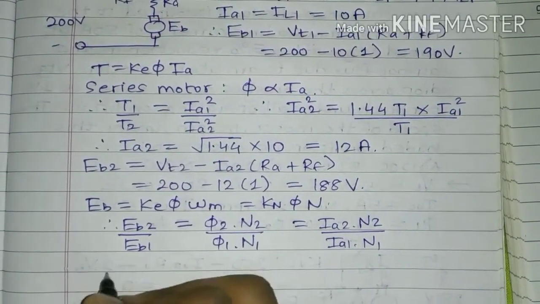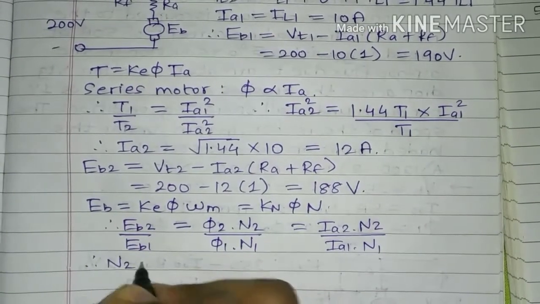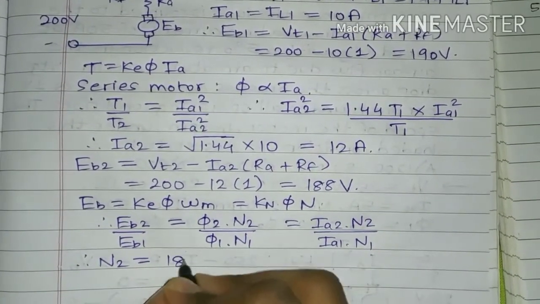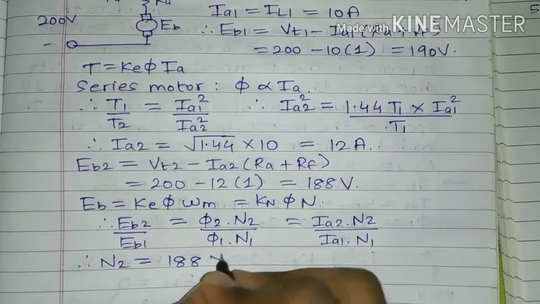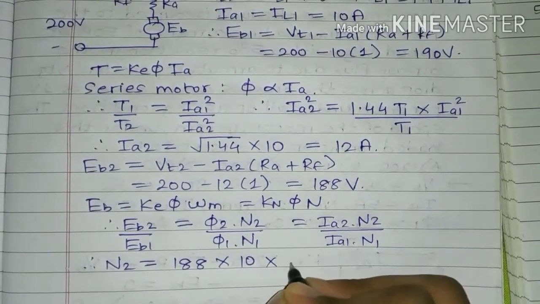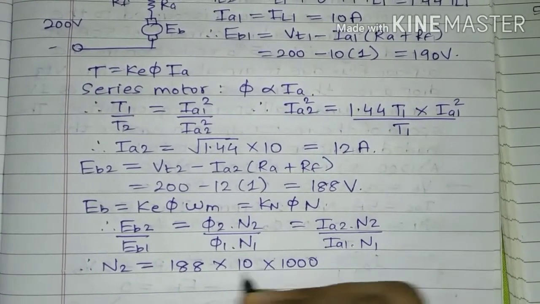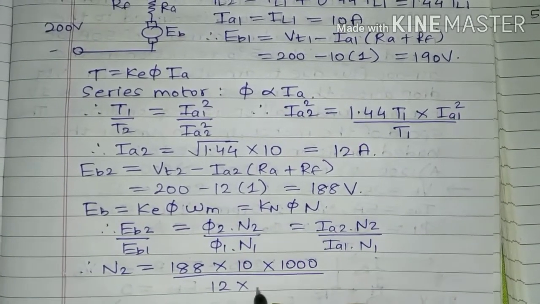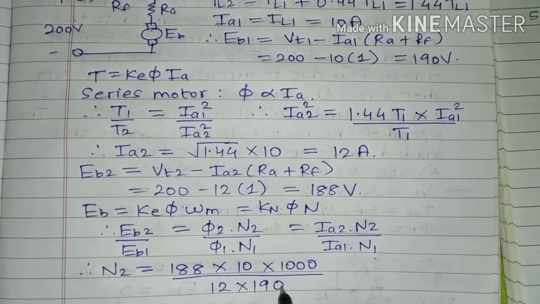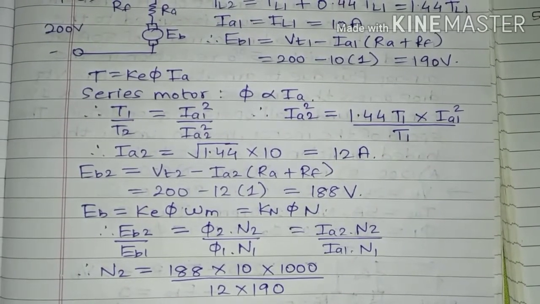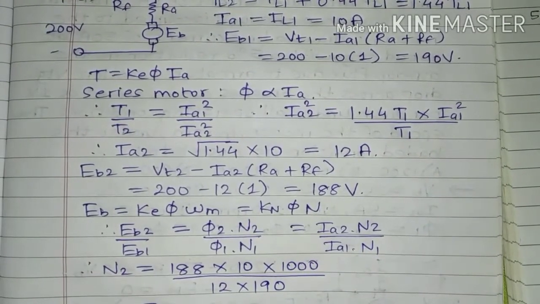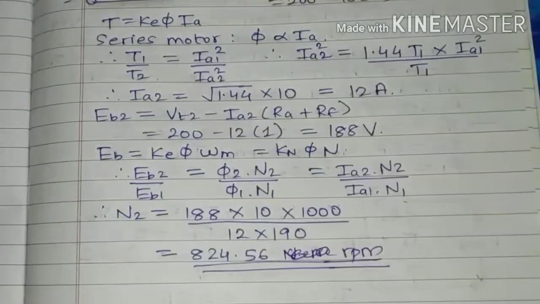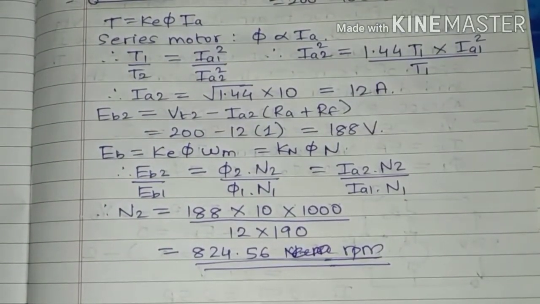Hence n2 is equal to 188 into 10 into 1000 divided by 12 into 190, which turns out to be 824.56 RPM.